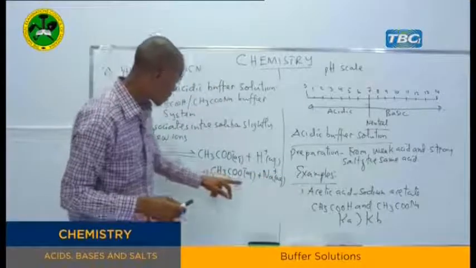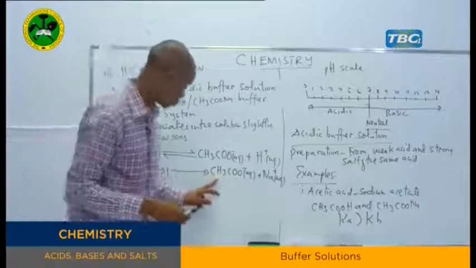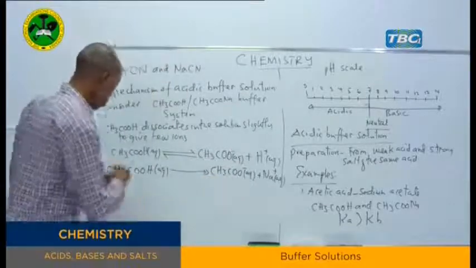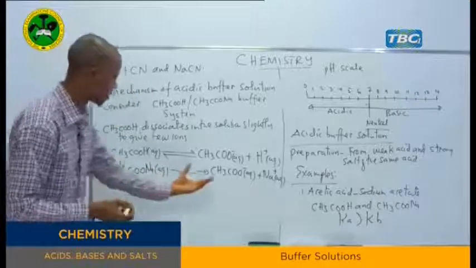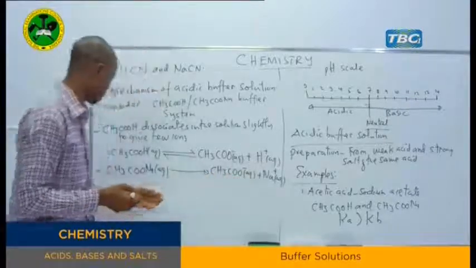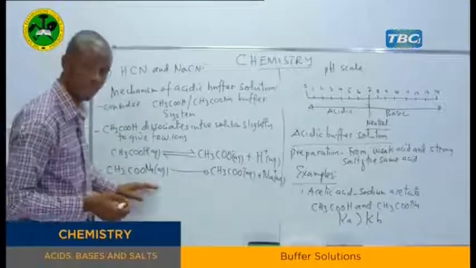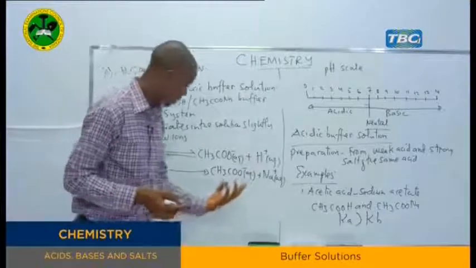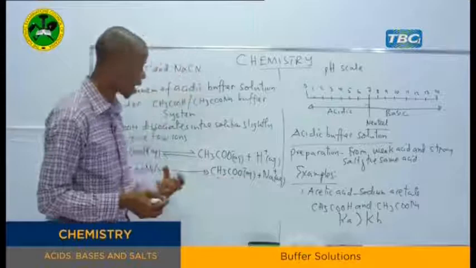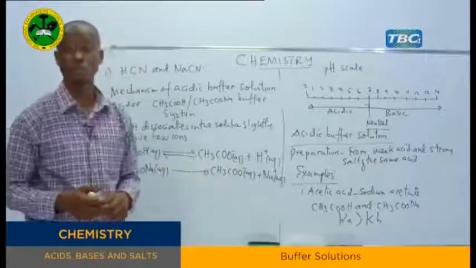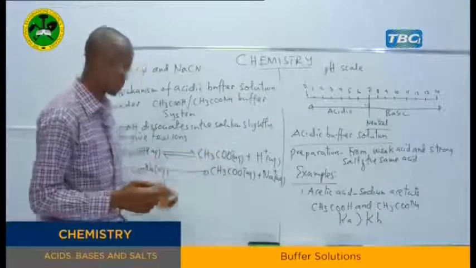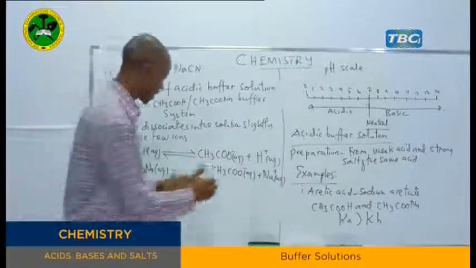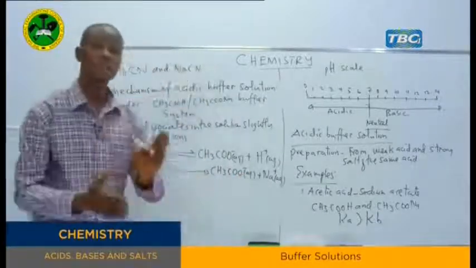After the acetate ions are released in the solution from sodium acetate, they will disturb the concentration of the acetate ion in the solution. Why? Because acetate ions were already present in the solution, but the addition of these ones will disturb the equilibrium.